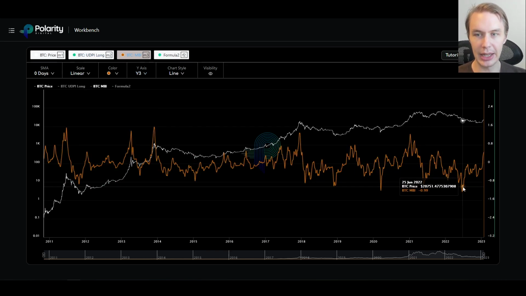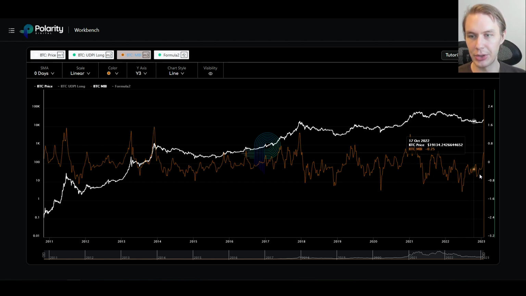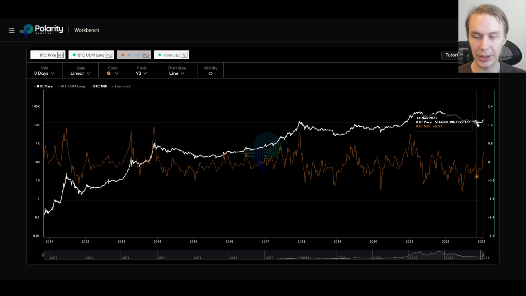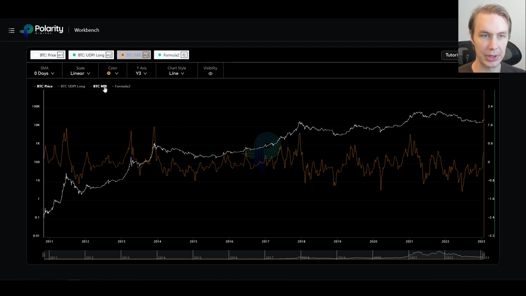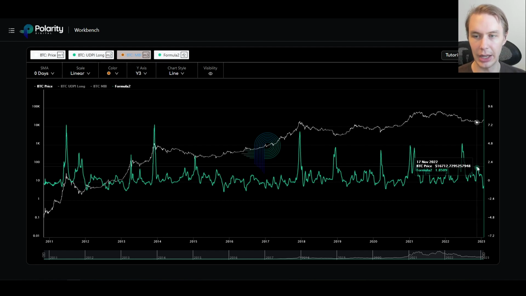We can see that the extreme of momentum downside happened in June. We didn't get nearly as much of a drop-off in this move from the FTX collapse. The momentum behind that collapse was a lot weaker than we were seeing leading into that June collapse. And that's why we're seeing on this formula a spike here, but not really as much of a spike during the FTX collapse. A small one, but not as large.